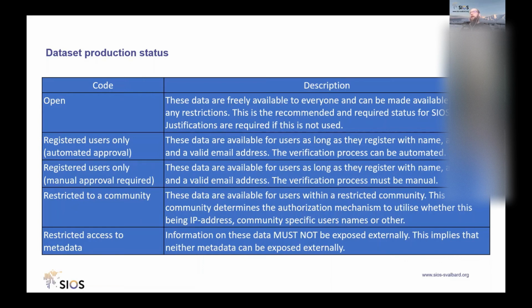So here you can see the standardized codes for the dataset production status. So you can choose from open, to registered user only, registered user only by manual or automated approval, restriction to a community, or access only to the metadata. And of course, it depends on which type of repository the data are stored in.